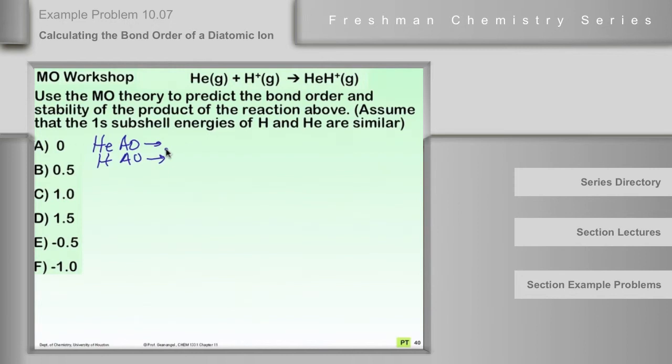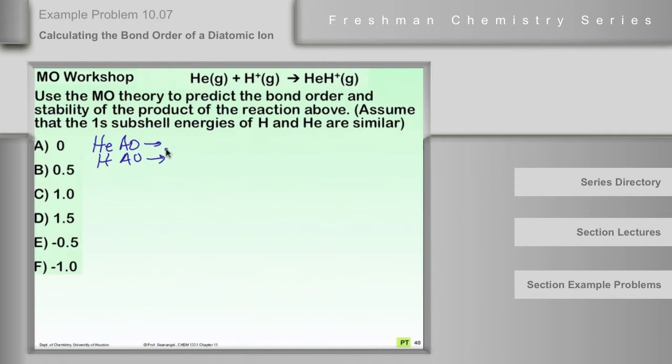The first thing you do is look at the atoms that are involved in a diatomic and ask yourself, what are the valence orbitals, the atomic orbitals? And then you combine those atomic orbitals using a linear combination of atomic orbitals, which of course means adding and subtracting. Then you have the molecular orbitals.